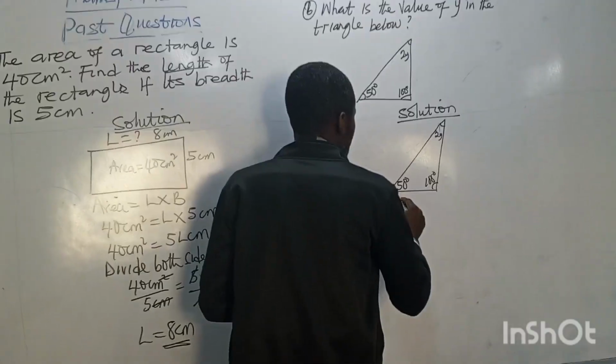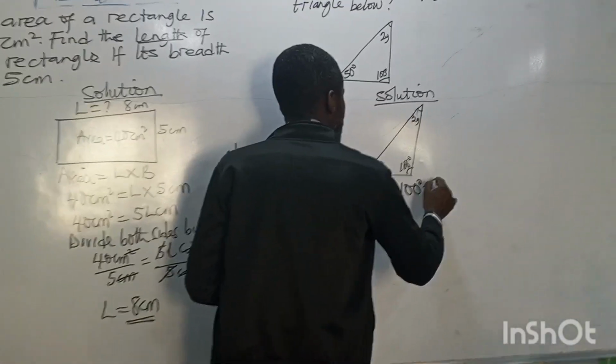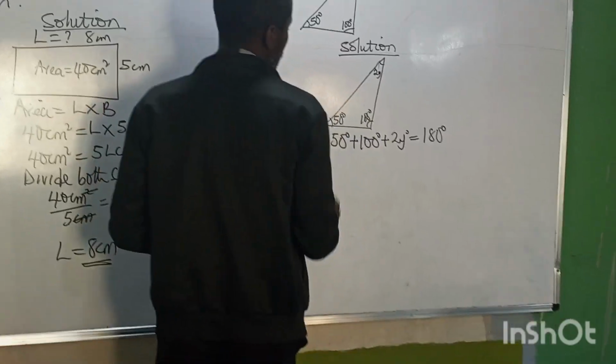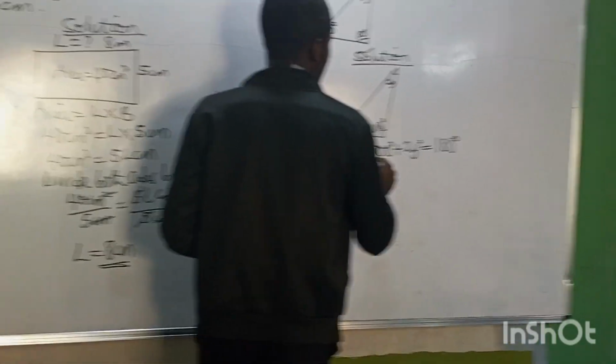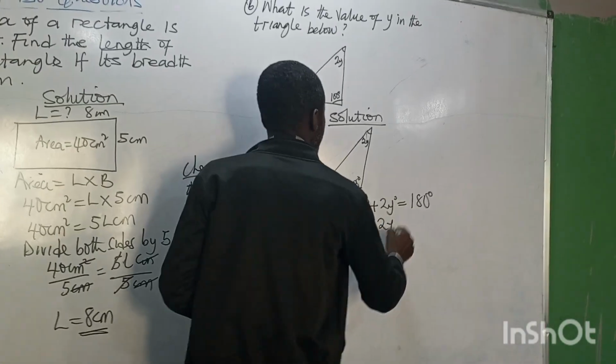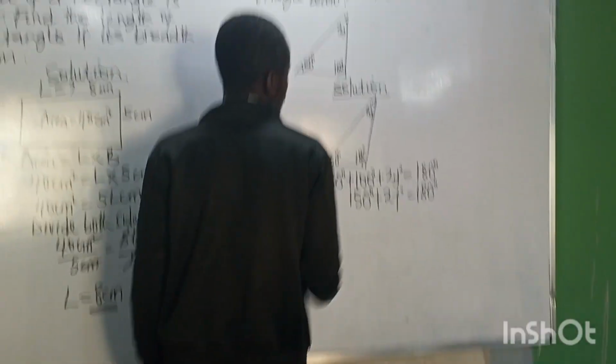You have 50 degrees plus 100 degrees plus 2y degrees equal to 180 degrees. 50 plus 100 equals 150 degrees plus 2y equal to 180 degrees.